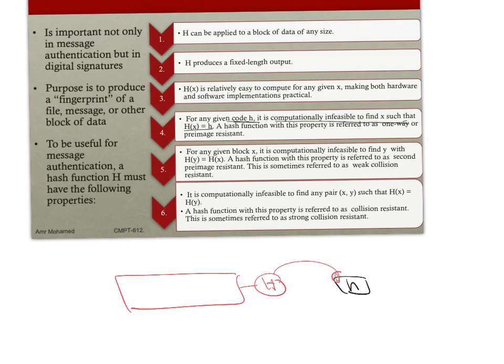So if I give you a hash and you can produce the message, then this makes the hashing reversible, and that's not supposed to happen, because otherwise, if anyone knows the hash, then they can reproduce the message itself. Okay, so that's not supposed to happen. If you know only the hash, it is computationally infeasible to produce a message that has this hash. In other words, the hashing should never be reversible.